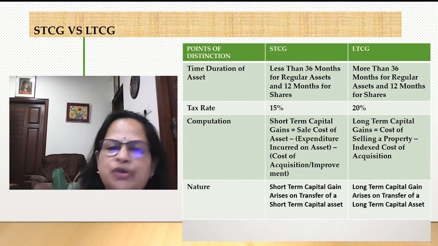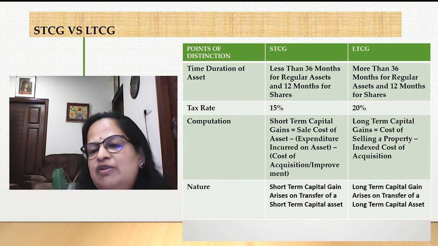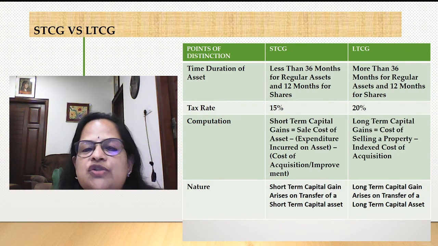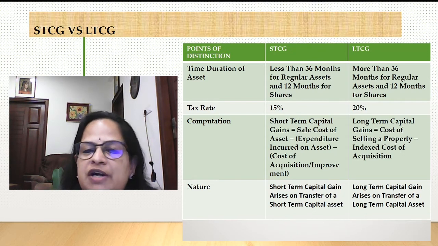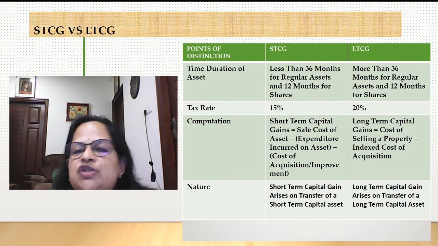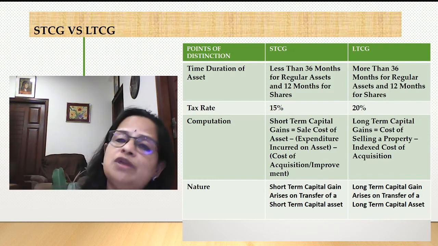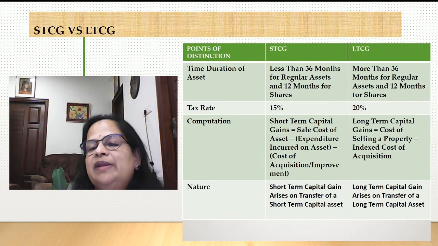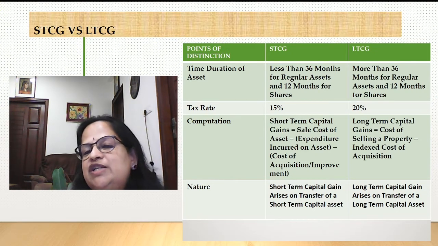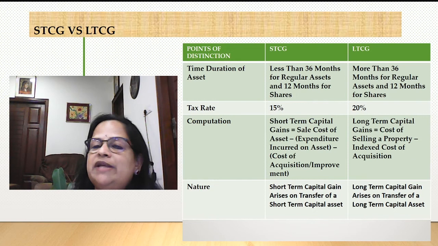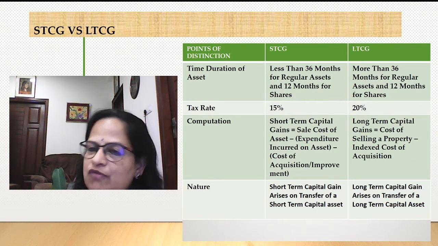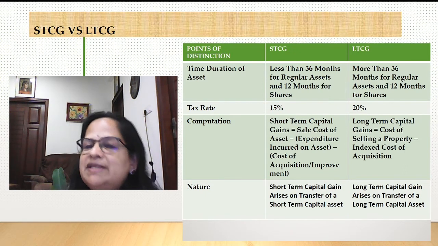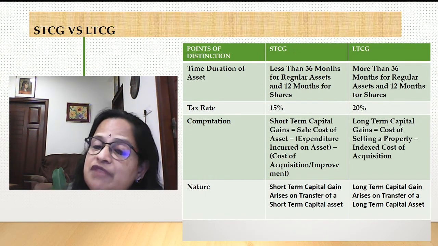Now how do you compute? We are going to do the computation in detail using problems. Short-term capital gain is sale price of the asset minus expenditure incurred on the asset minus cost of acquisition or improvement. Whereas for long-term capital gain, you will find the indexed cost of acquisition. What is indexation? Indexation is due to inflation. For example, if I have 100 rupees today, I can buy certain things, but the inflation effect will be high.